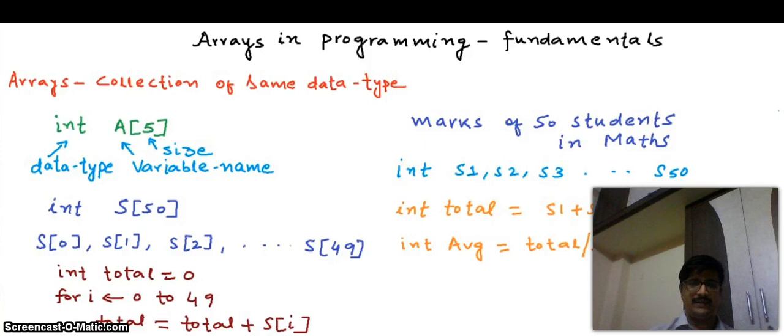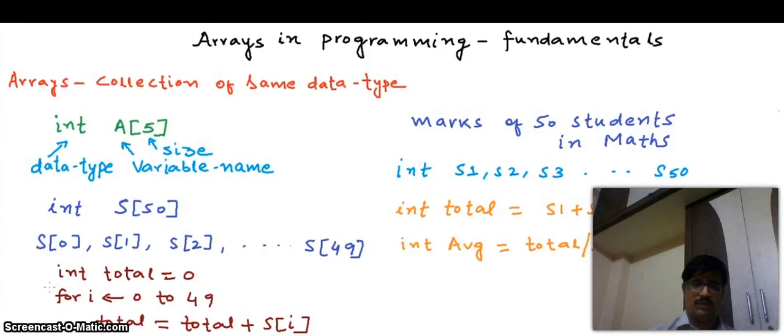Finally we calculate average as before, which is total divided by 50. This way, besides an array of integers, we can also have an array of floats, an array of characters, or an array of a user defined class, or even a structure.